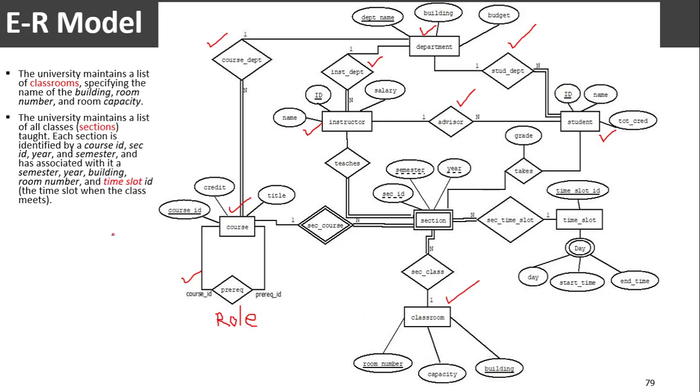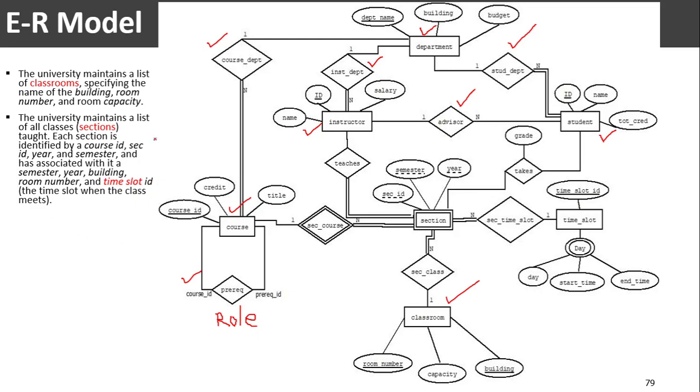Now what is mentioned next? The university maintains a list of all classes or sections taught. So we have identified that we should have section as one of the entity sets, but each section is identified by a course ID, section ID, year and semester, and has associated with it a semester, year, building, room number and time slot ID.